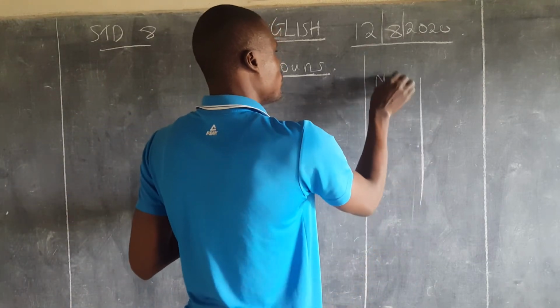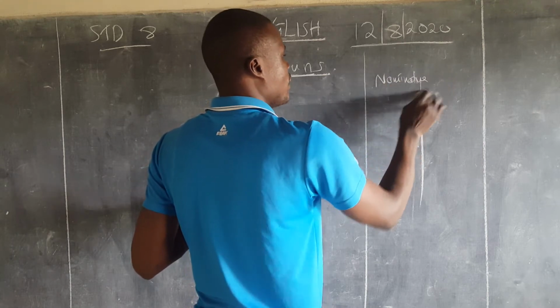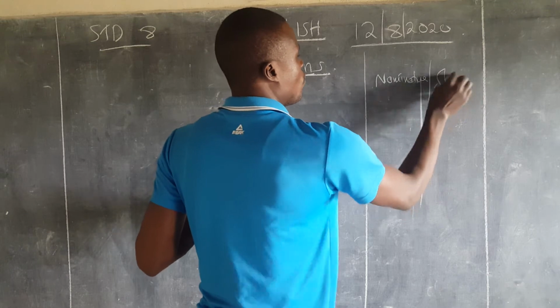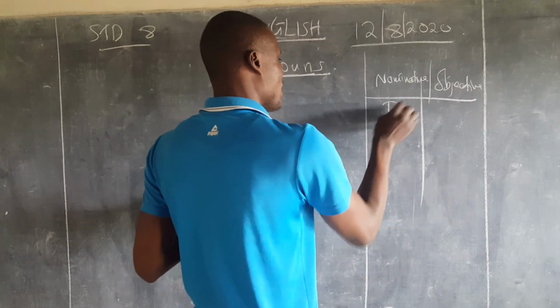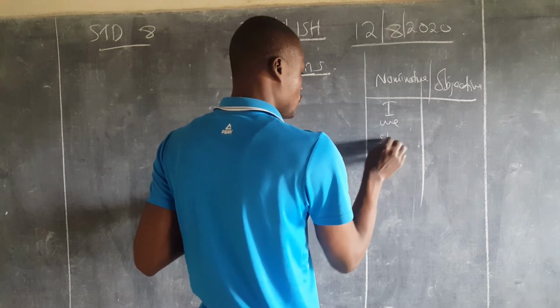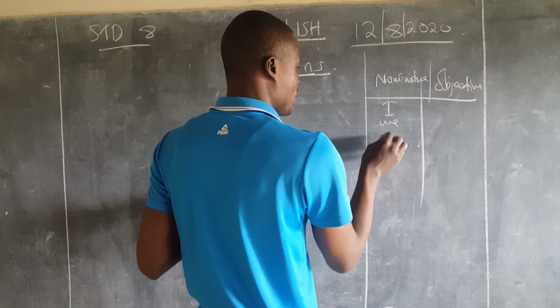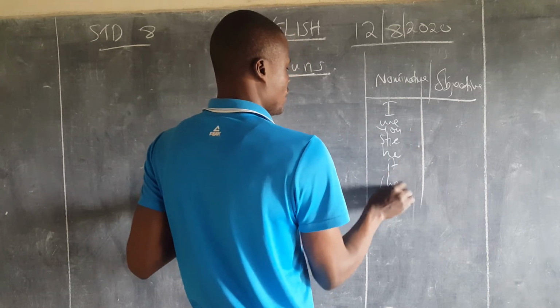We are talking of nominative, and then we have the objective part. Under the nominative, we have I, we, you, she, he, it, and they.